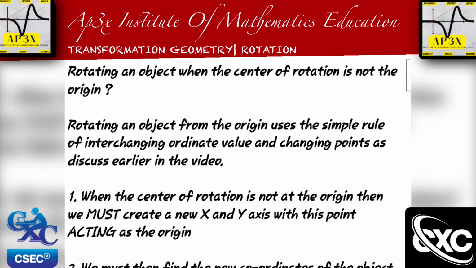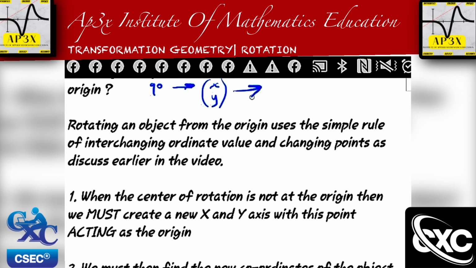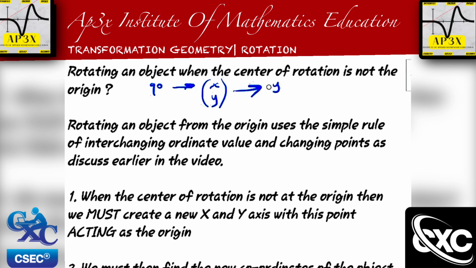Now let's recap those changes from part 1. We said that in a 90 degrees rotation, if you have a random point (x, y), then it's going to interchange, and the y value is going to change. That's what we went on with.